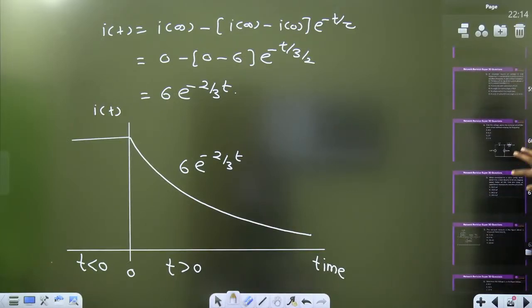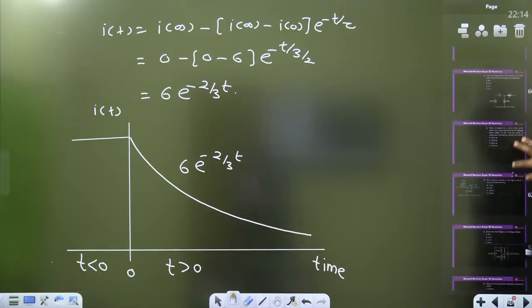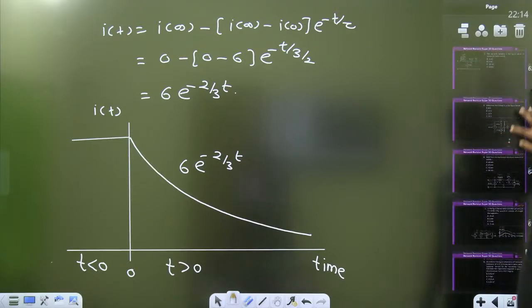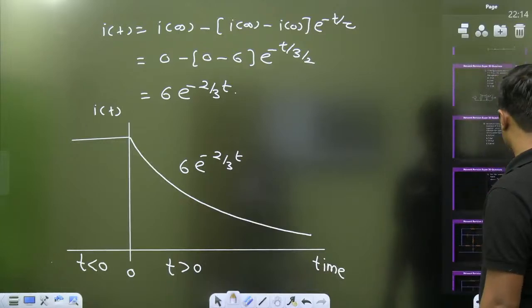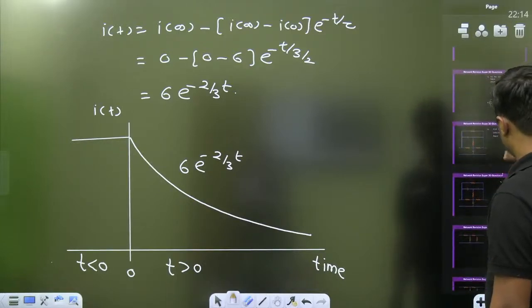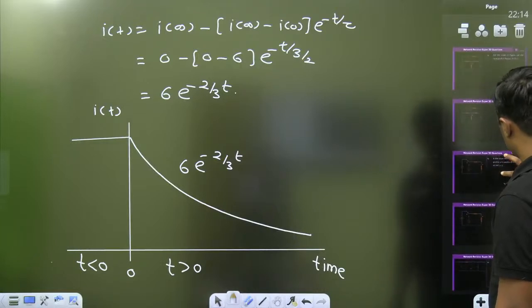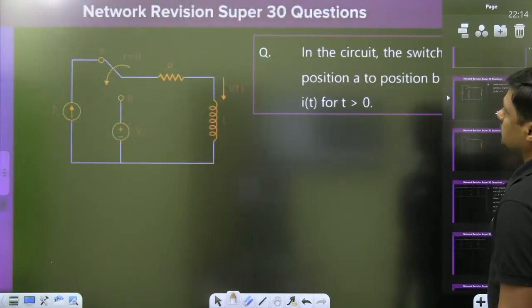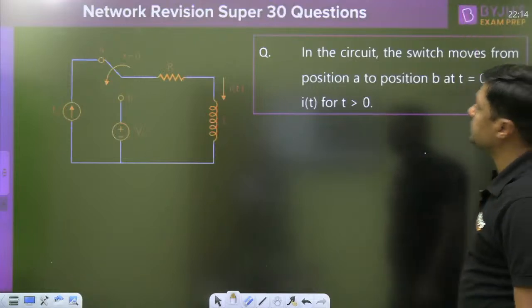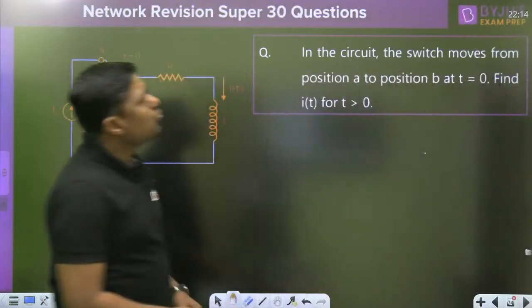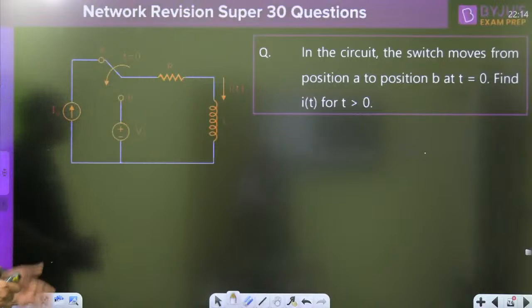Let's see one more question that normally comes at this point, which is on initial condition. See this, in the circuit the switch moves from position A to position B at t equal to 0, find the I(t) for t greater than 0.